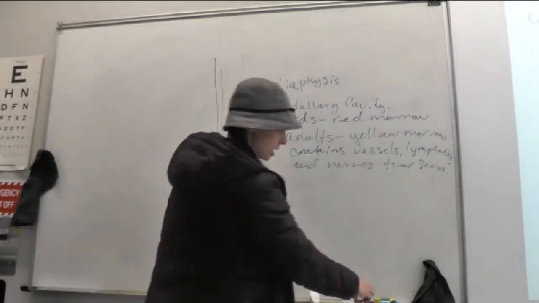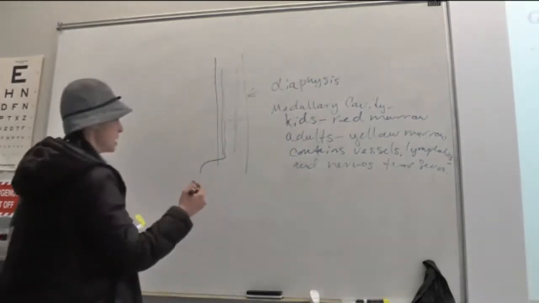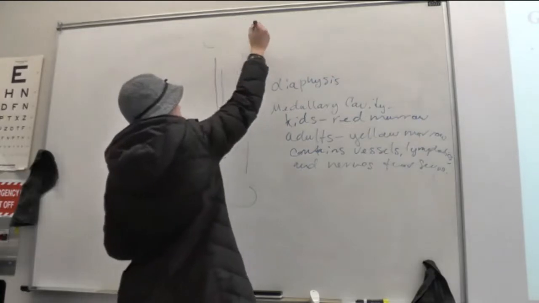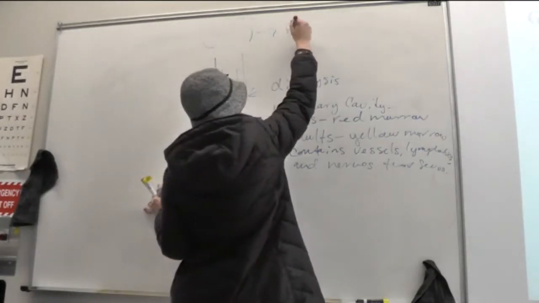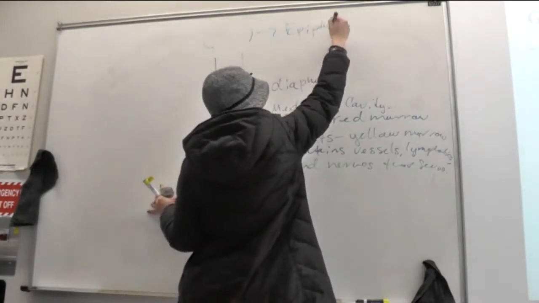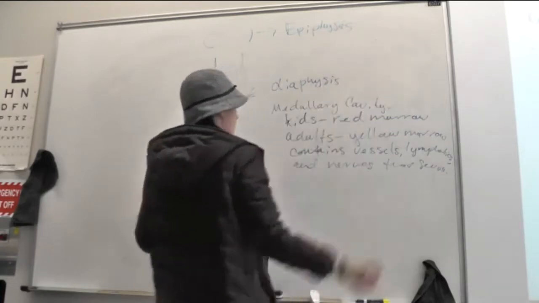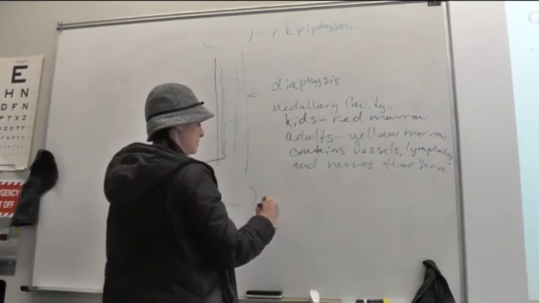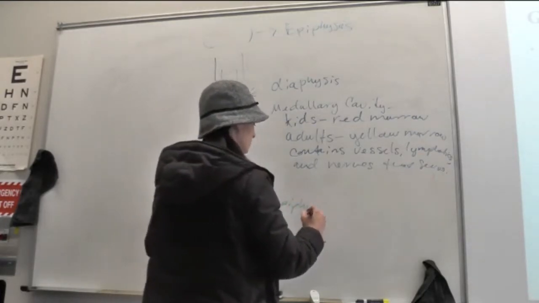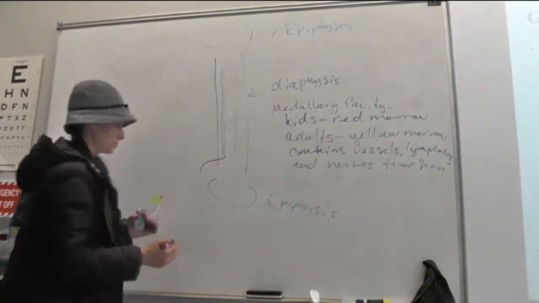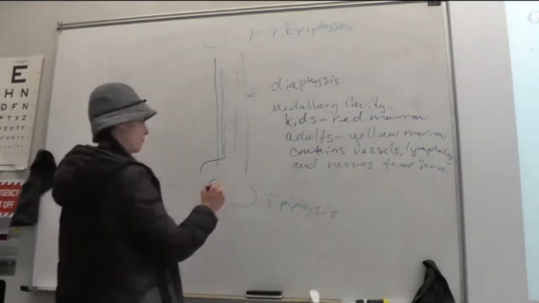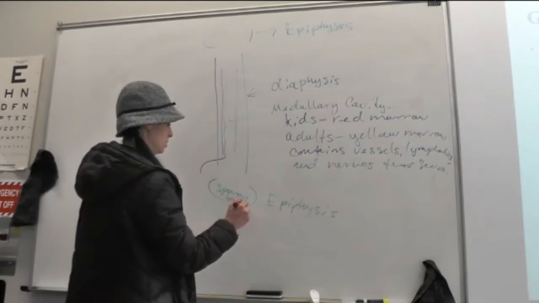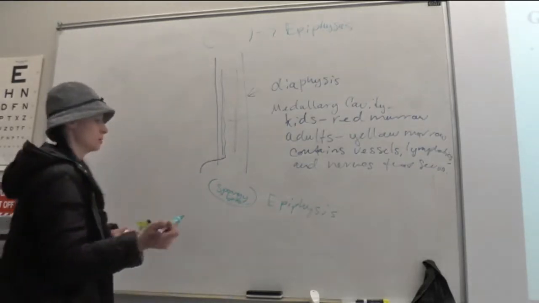The next region that we can see on our long bones are what we call epiphyses. There's a proximal and a distal epiphysis. One is an epiphysis, where we have a proximal and a distal epiphyses. And these are full of spongy bone and red marrow.